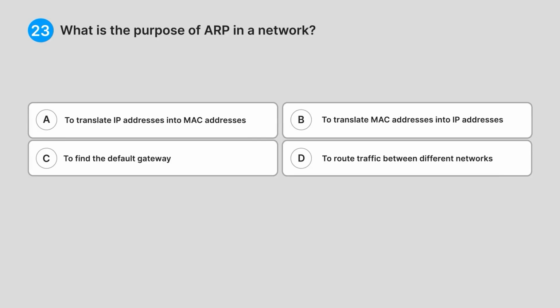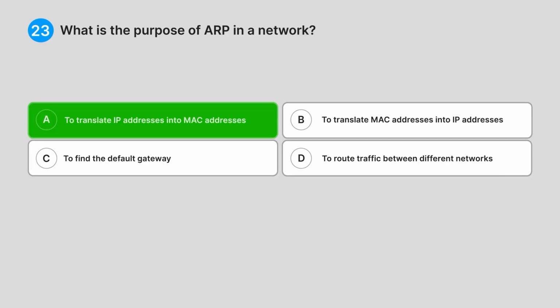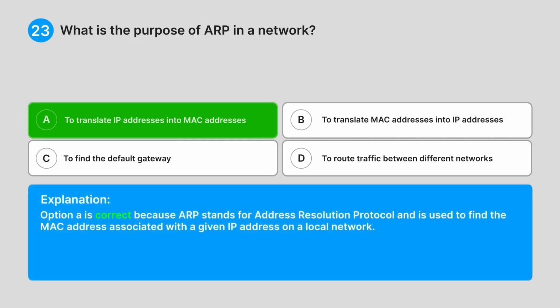Correct answer, A. To translate IP addresses into MAC addresses. Explanation: option A is correct because ARP stands for Address Resolution Protocol and is used to find the MAC address associated with a given IP address on a local network.